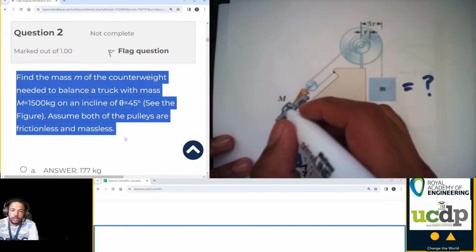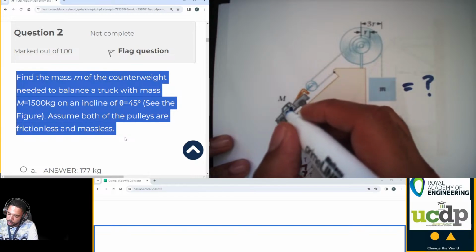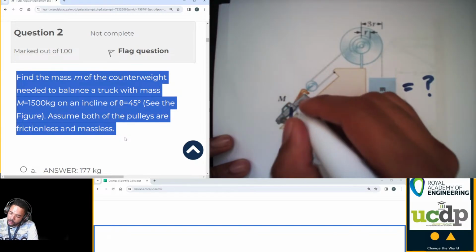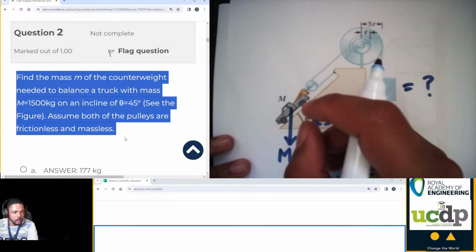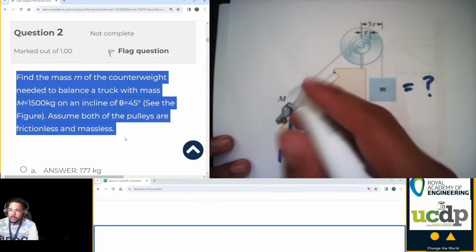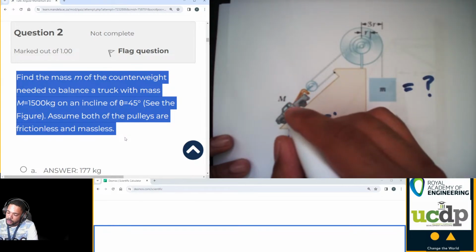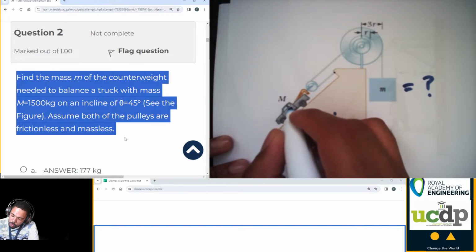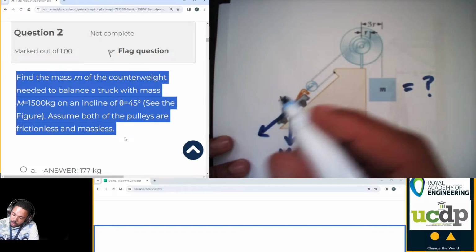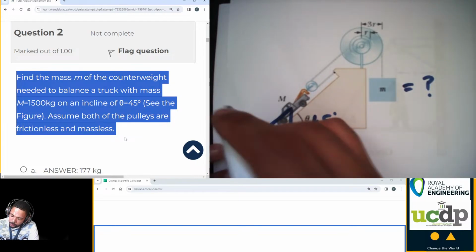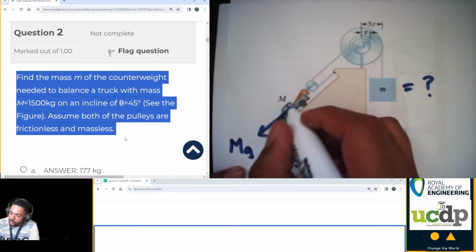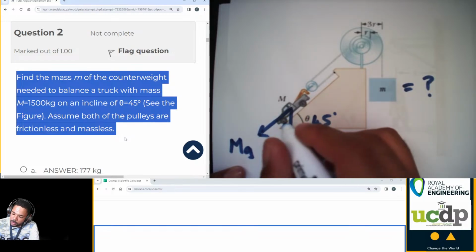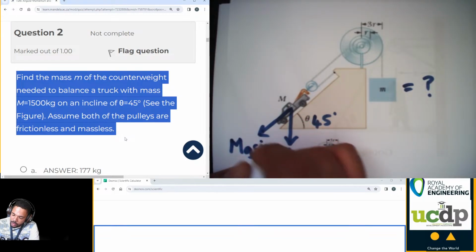The next force acting on this buggy is the parallel component of the weight, which is going to be the weight times sine theta, because it is opposite over hypotenuse.